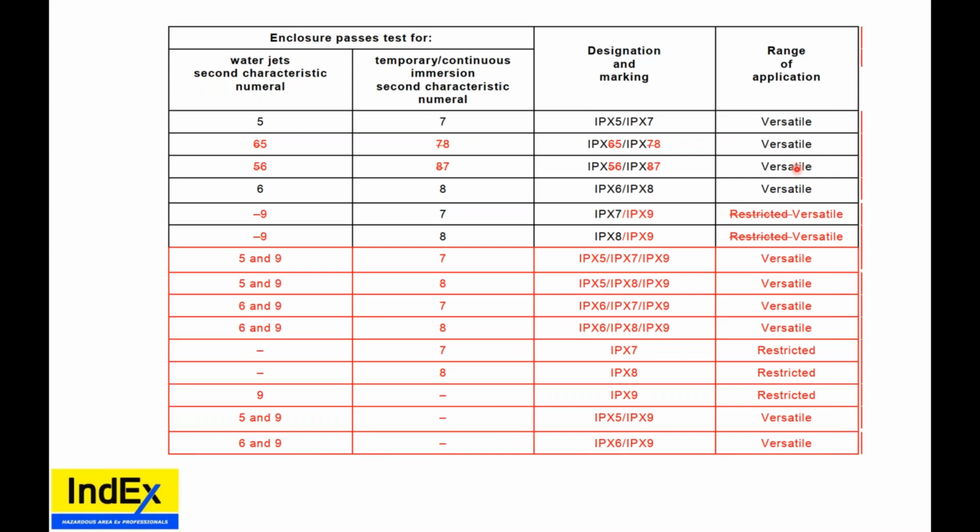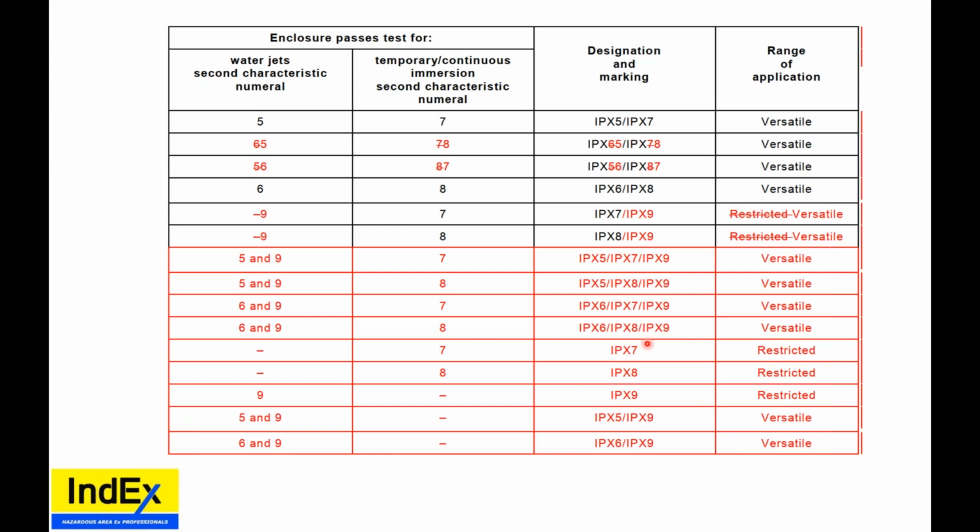The words versatile and restricted are highly important. There's a delineation, a segregation between the numbers 6 and 7 and 8 and 9. 1 to 6, that's a different set of testing. 7 and 8, different set of testing. 9, different set of testing.